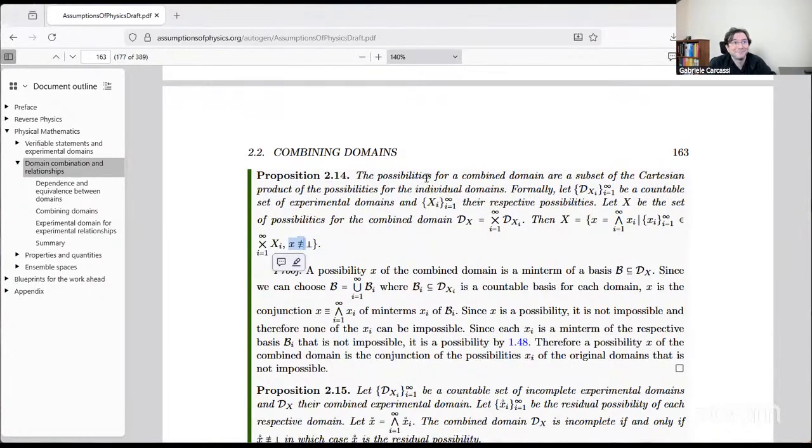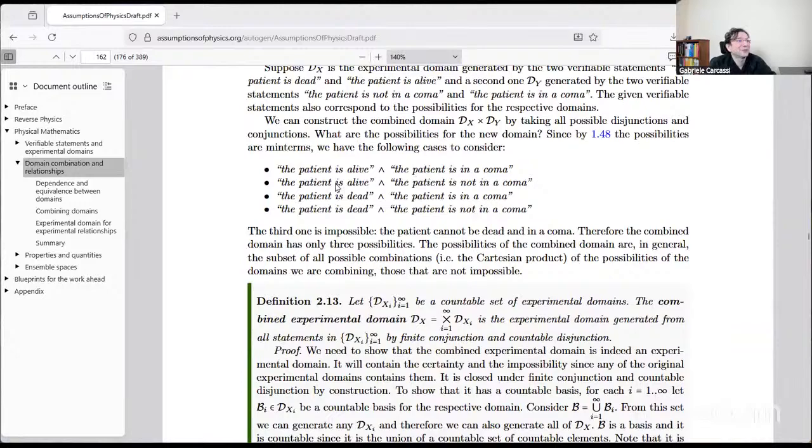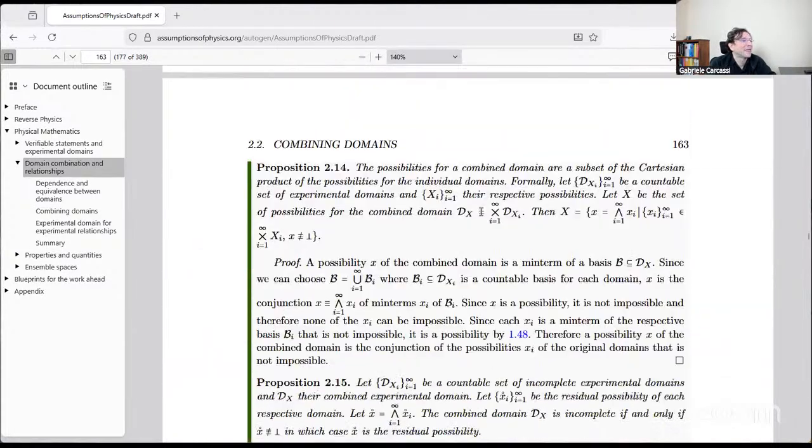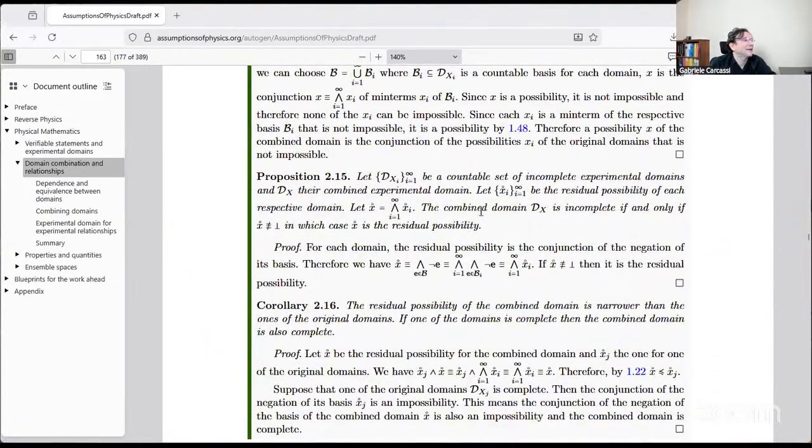Yes, it's the same as here, right? Here we made all the permutations, which were 4 because the domains were 2 and 2. So 2 times 2 is 4. And then we see that one of them is impossible, so it's a subset of that. And so this works in any case. And then we have the last two things.